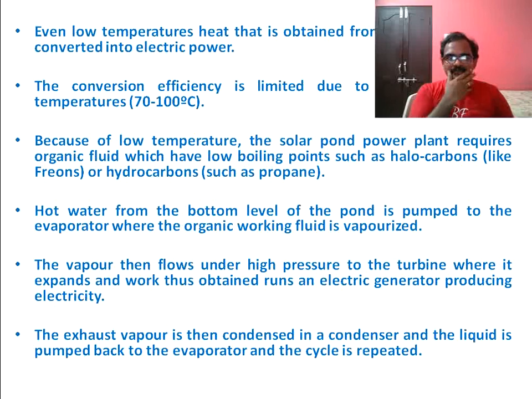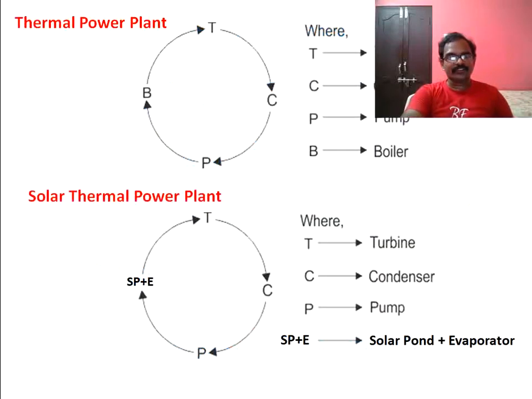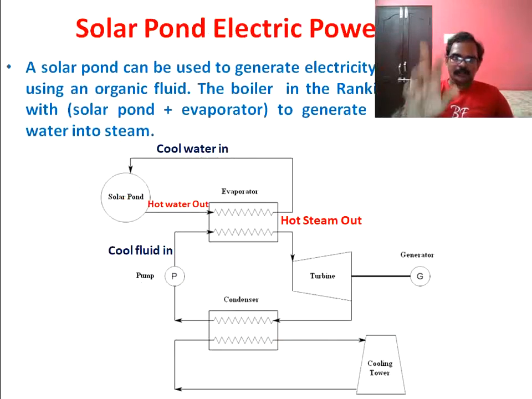Now let's understand this. There is a pump here, a condenser, a turbine and a generator. It's called the Rankine cycle. Generally in a Rankine cycle the fluid will be water, but in this case we'll pass the cold fluid, that is propane or freon, which has a boiling point of around 50 to 60 degrees centigrade. This cold freon will pass through the evaporator.